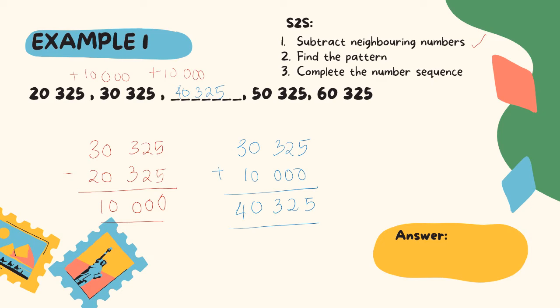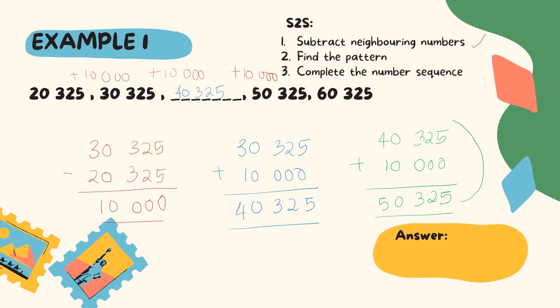So let's see if the pattern is consistent. What it means by consistent is if you add another 10,000 here, would it give you 50,000? Let's try. So we have 40,325 plus another 10,000. So we have 5, 2 plus 0 is 2, 3 plus 0 is 3, 0 plus 0 is 0, 4 plus 1 is 5.